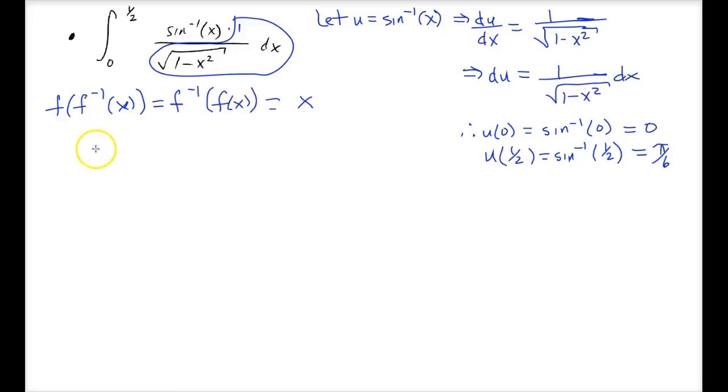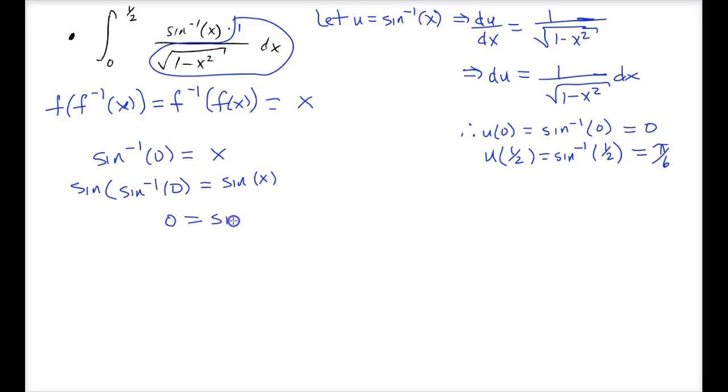So my whole point here is this. If we have sine inverse of 0, let's say if we let that equal x, then if we do sine of sine inverse of 0, that's the same as sine of x. And of course, the left side here would just equal 0, and we would have sine of x.